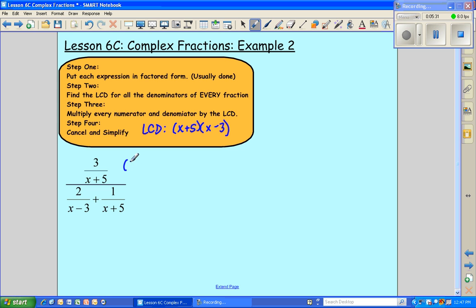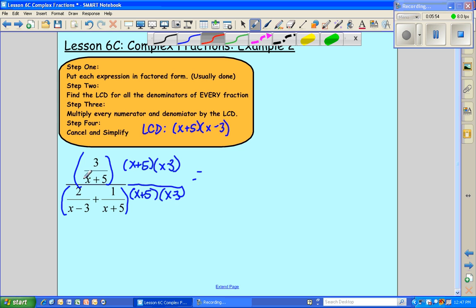So we're going to multiply that in the numerator and in the denominator. Okay, and so here our x plus 5s are going to cancel out. And we have 3 times x minus 3 on top.